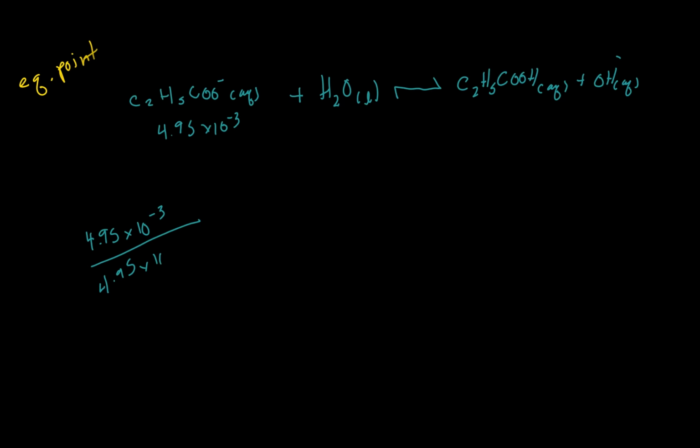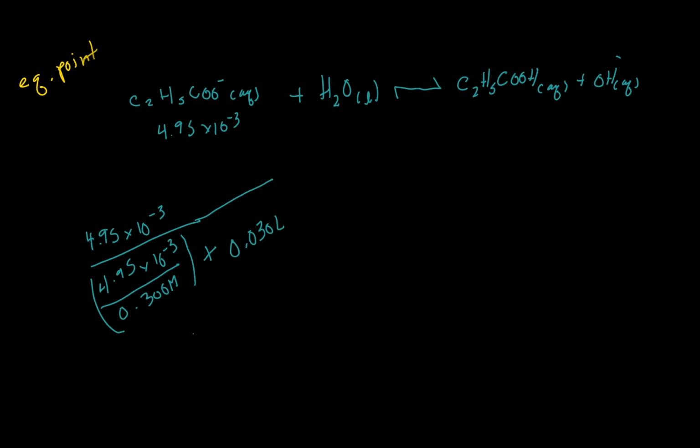That's 4.95 times 10 to the negative 3, divided by the concentration of acid. This is using the relationship that volume equals moles over concentration. But we have to add to that the volume of acid that we had initially, which was 30 milliliters, which we'll write in liters as such.